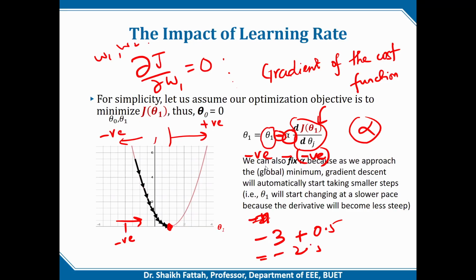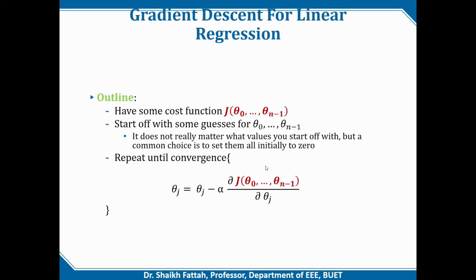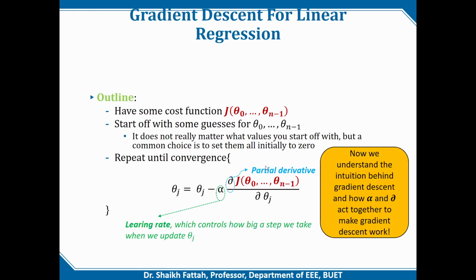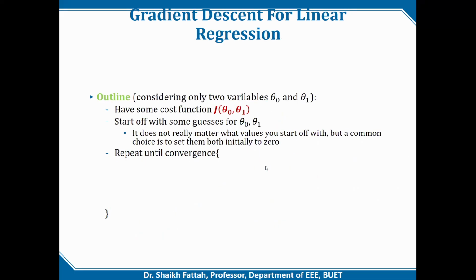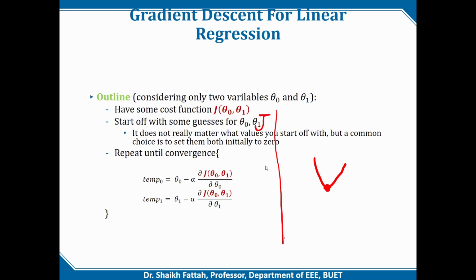value of this alpha. One thing, even if you select your alpha properly, gradient descent search will take you to the minimum. Let's say this is the minimum, it will take you to this value. But this has a very interesting limitation.